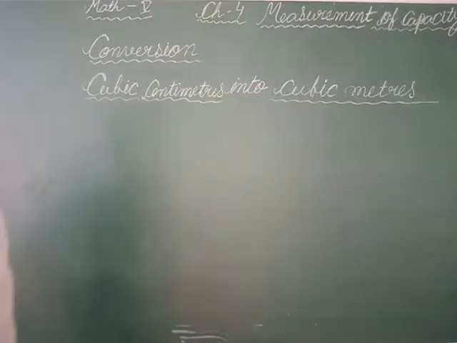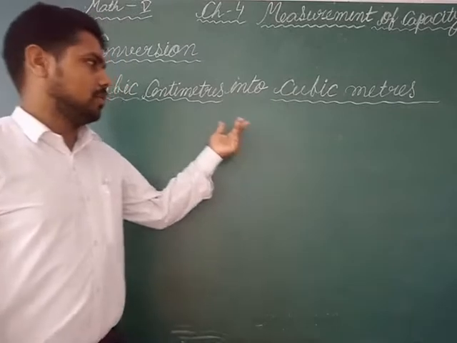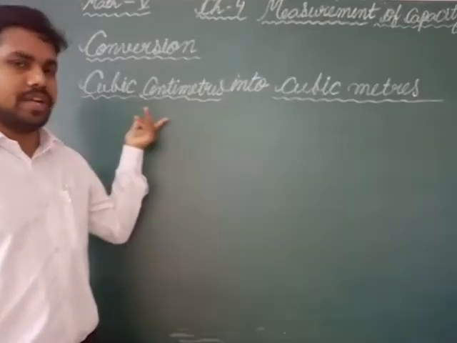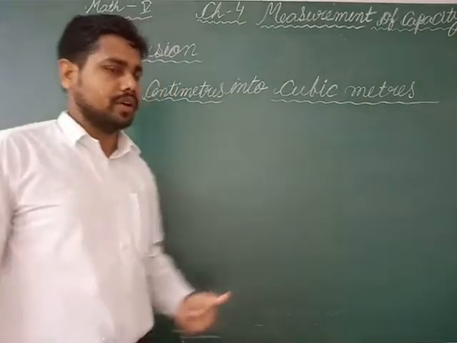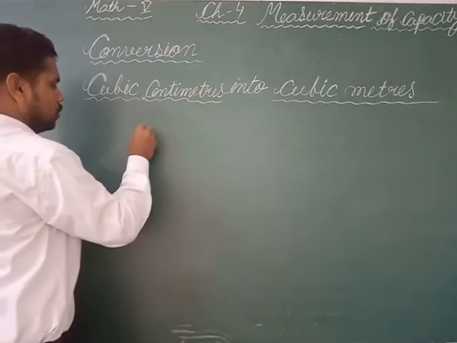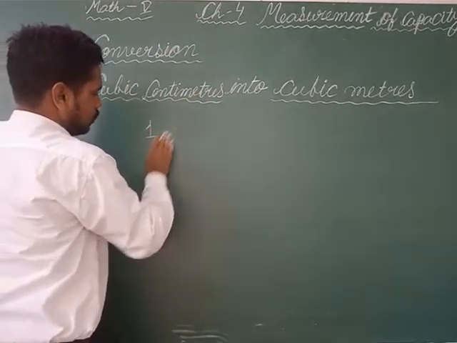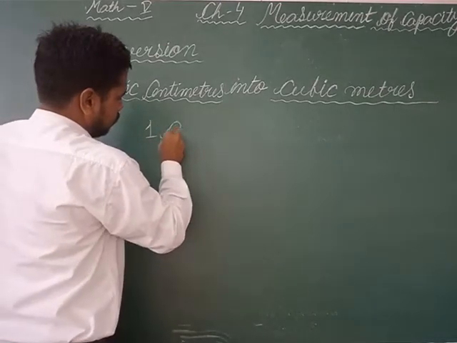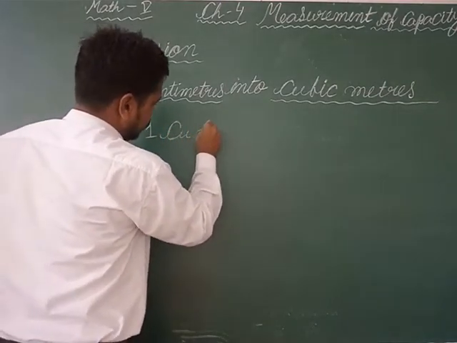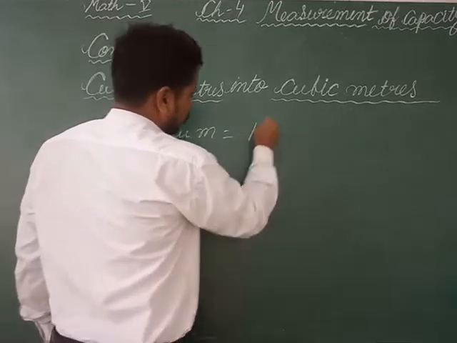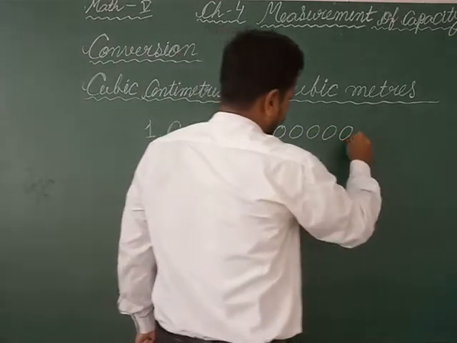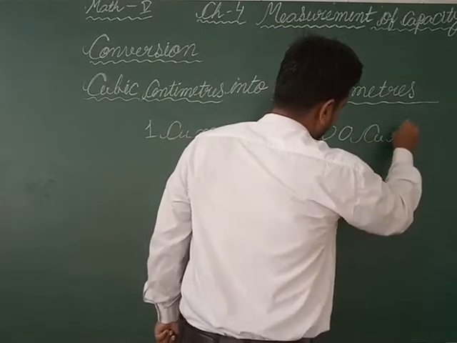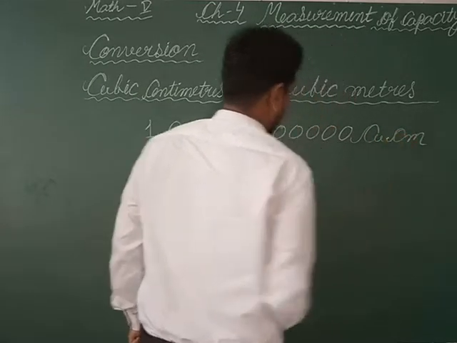Now just the opposite of that. Here we have learned about cubic meter to cubic centimeter. Now we will learn cubic centimeter into cubic meter. How can we convert? First we know 1 cubic meter is equal to this much of cubic centimeter, right?